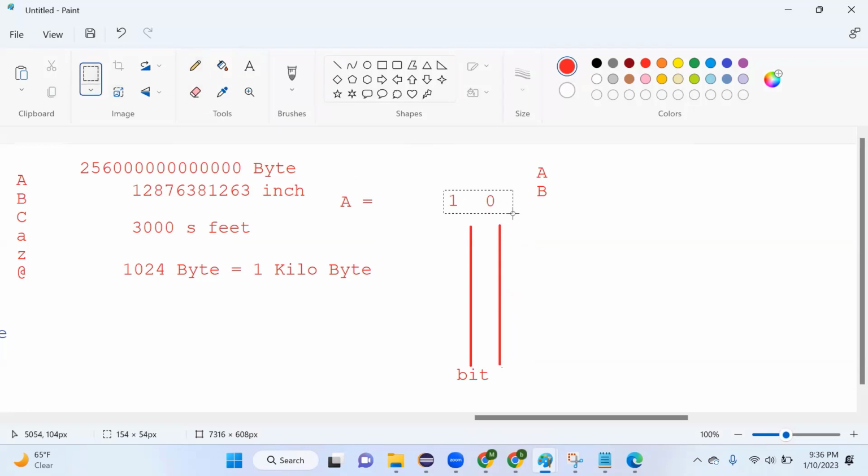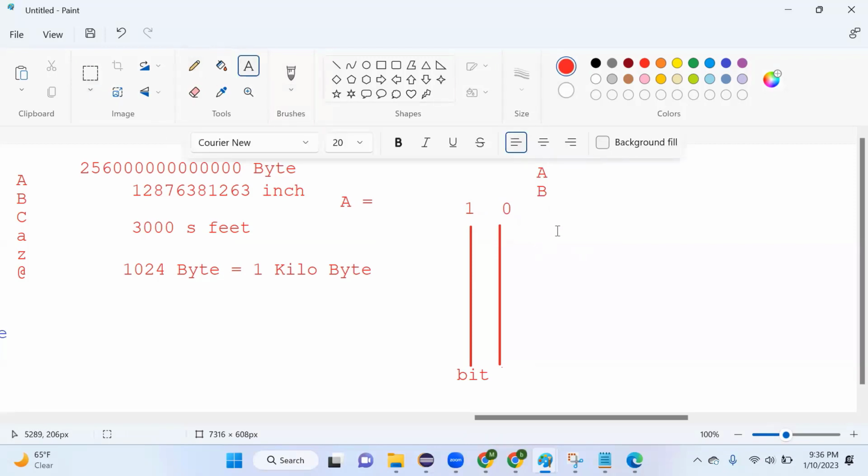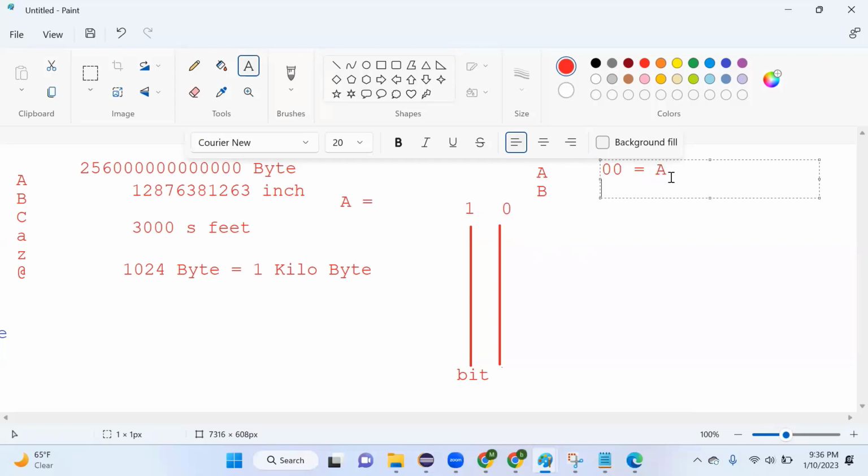In 2 bits, how many letters can they send? Suppose we do the combinations. The first combination is 0, 0. When both bits are 0, consider it as A. Then if the first one is 0 and the second one is 1, consider it B. Then the first one is 1 and the second one is 0.